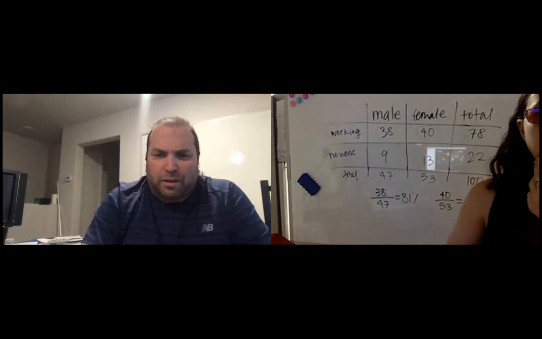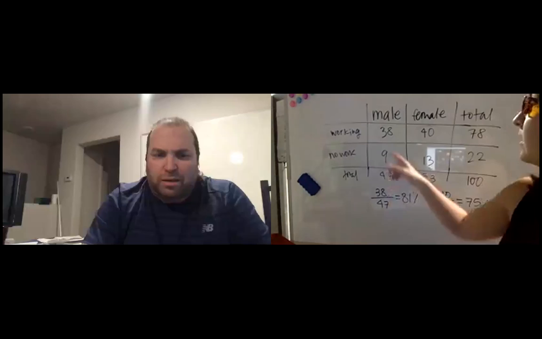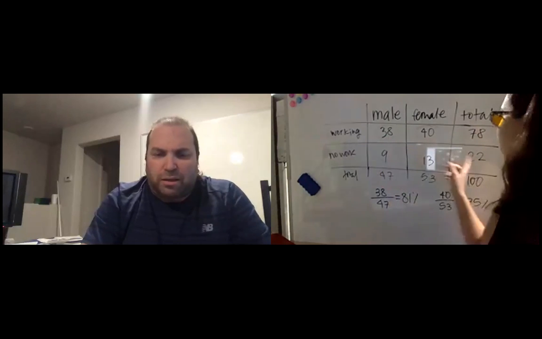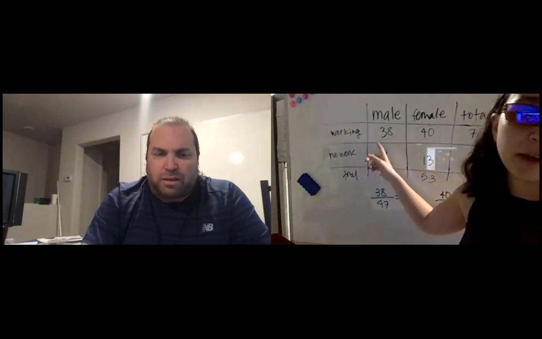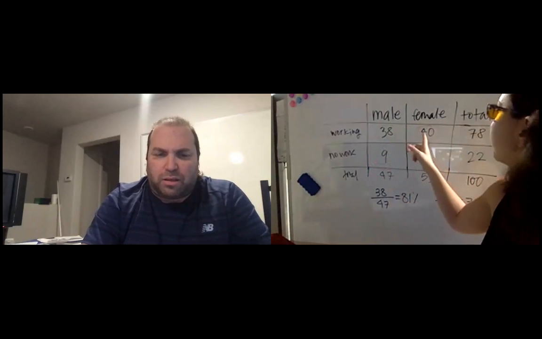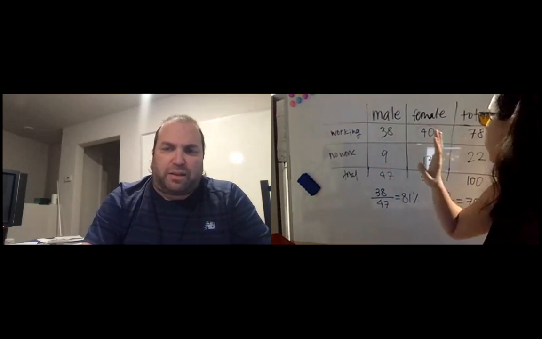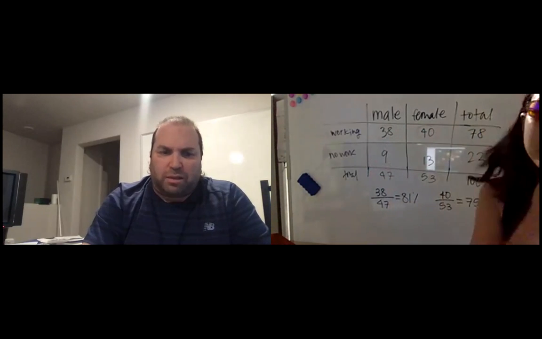Oh, also to make a comment on what someone said earlier, I don't think it's 38 over 78 and 9 over 22 because that's only looking at male. You'd have to do 38 over 78 compare it to 40 over 78. Well, no, never mind.